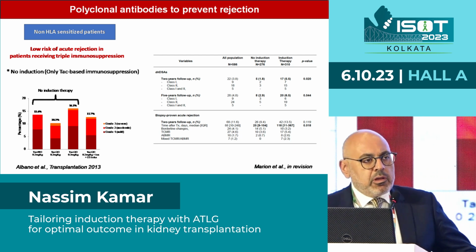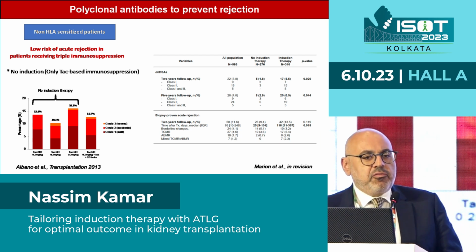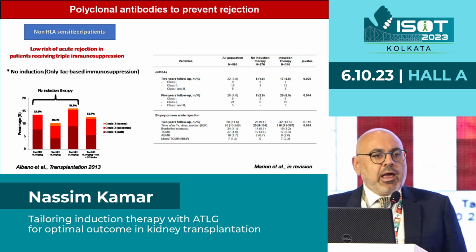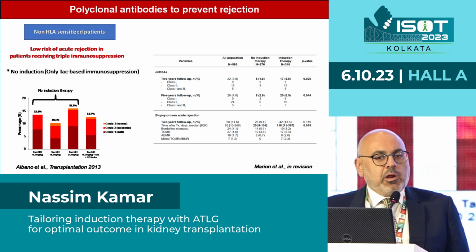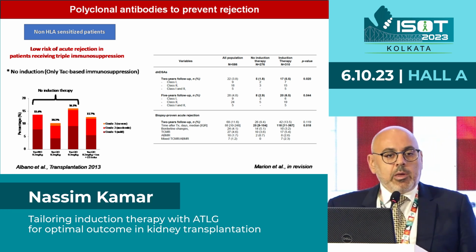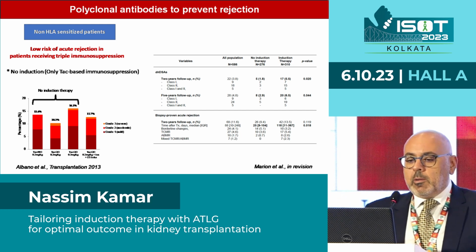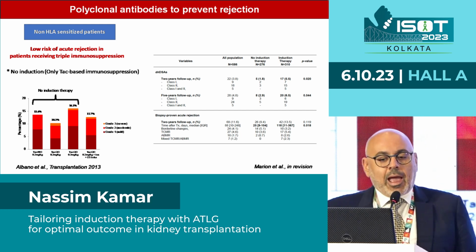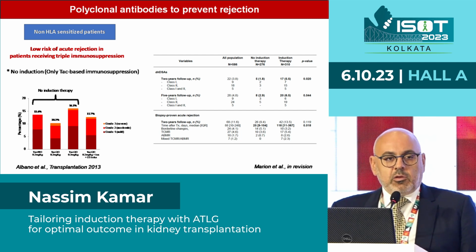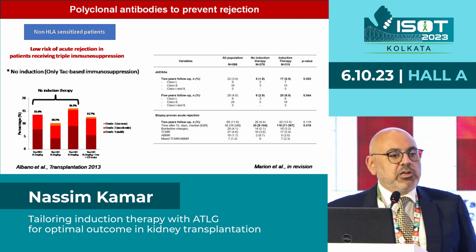If we try to stratify the immunological risk of our patients, the first level is non-HLA sensitized patients. So we are discussing patients undergoing a transplantation from an ABO compatible, HLA compatible donor. These patients are considered to be at low risk of acute rejection. And in this setting, you have three possibilities of induction therapy.